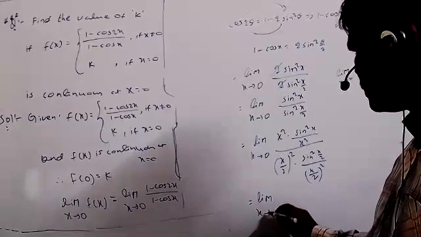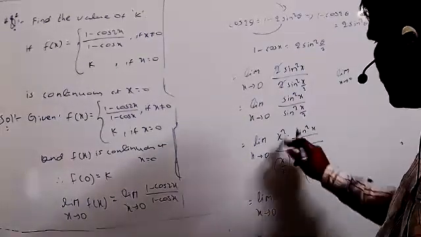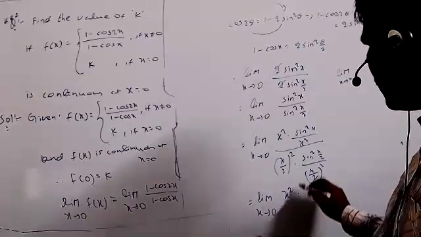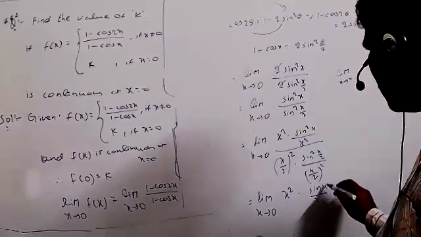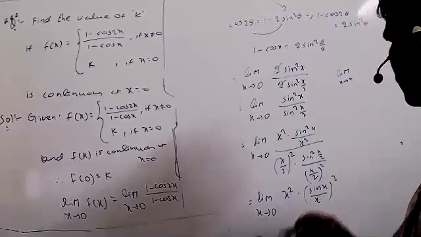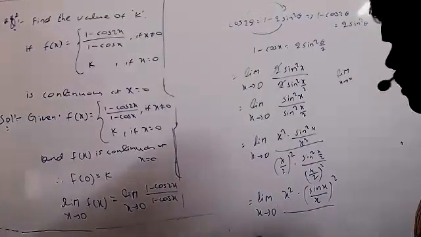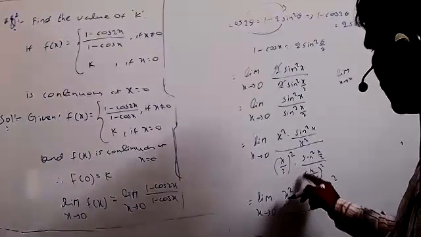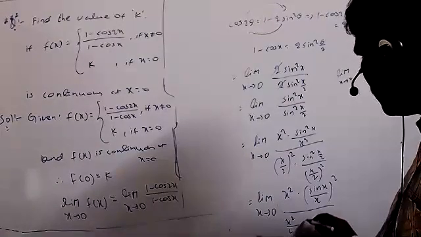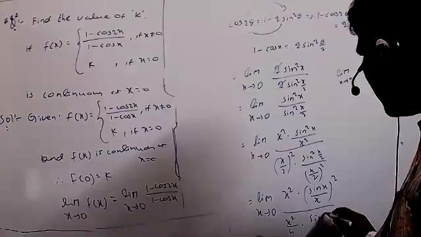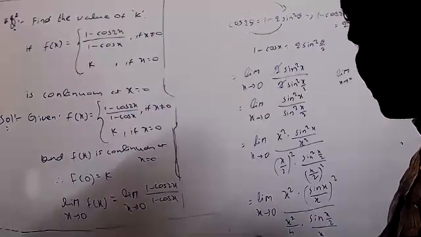Limit x tends to 0. Clearly you can write x square into sin x by x whole square, whole by x by 2, that means x square by 4 into sin x by 2 by x by 2 whole square.